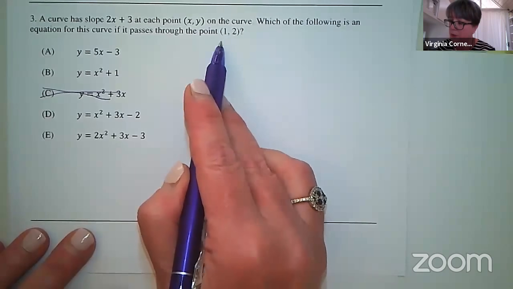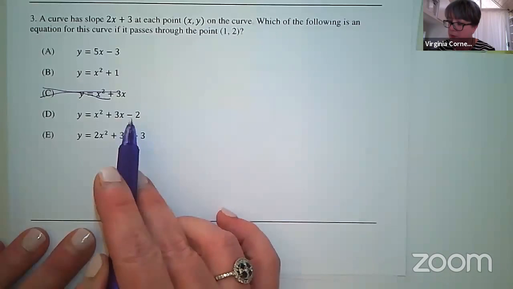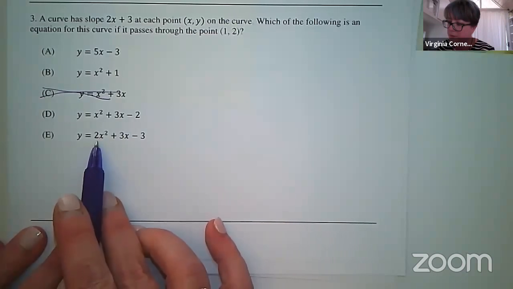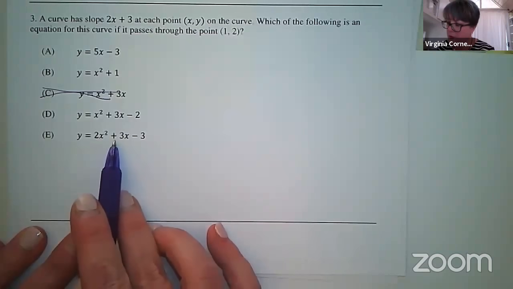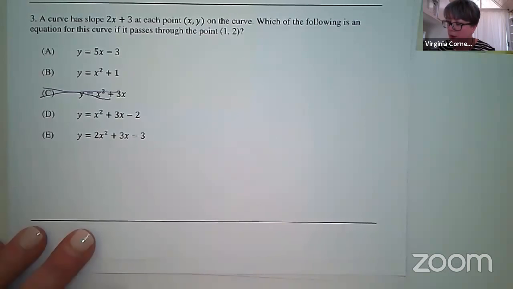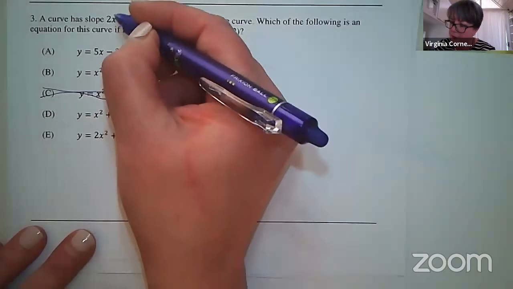So 1, 2 is on this graph. And here, 2 times 1 squared is 2, plus 3 times 1 is 3, so 2 plus 3 is 5, minus 3 is 2. So 1 comma 2 is on that one as well. So we only ruled out one choice based on that point 1 comma 2. Let's see about the calculus though.